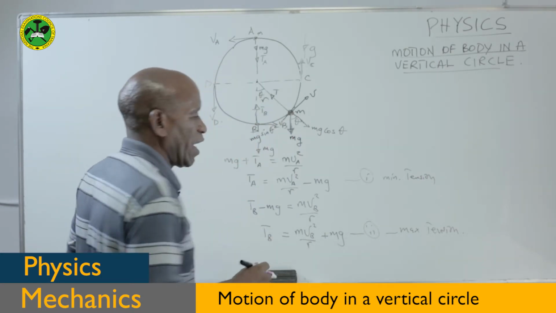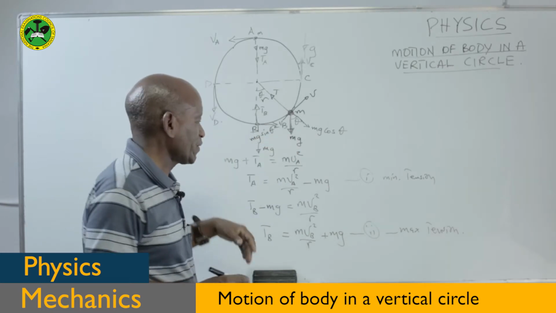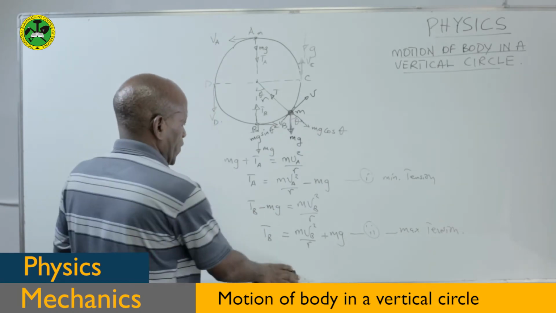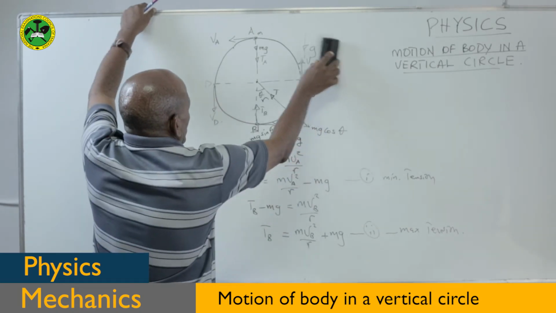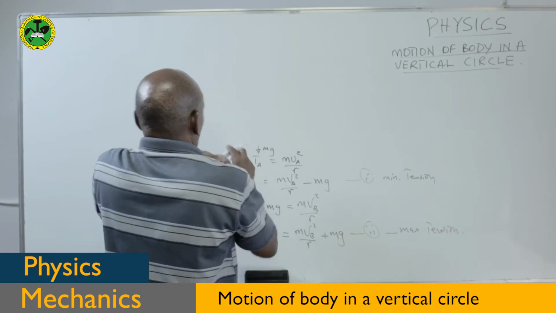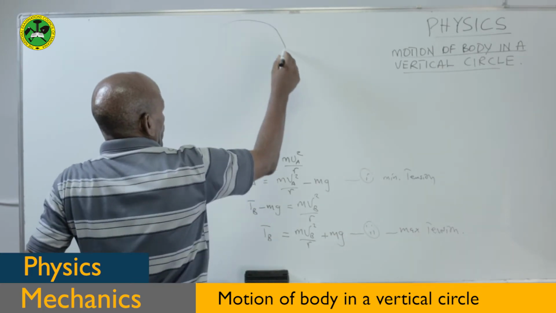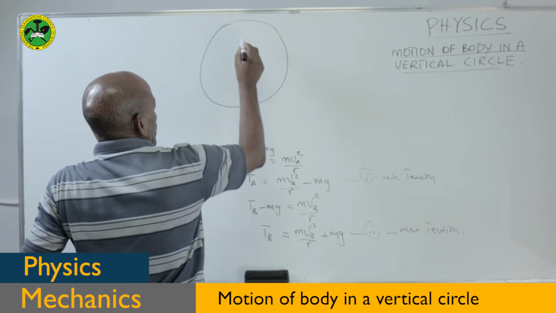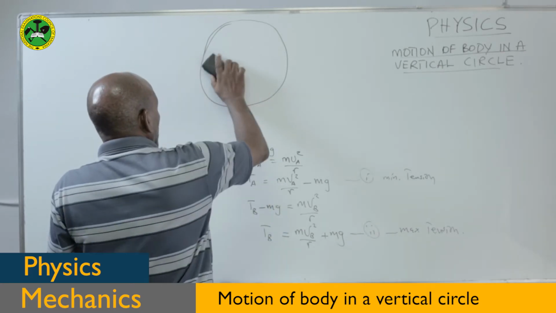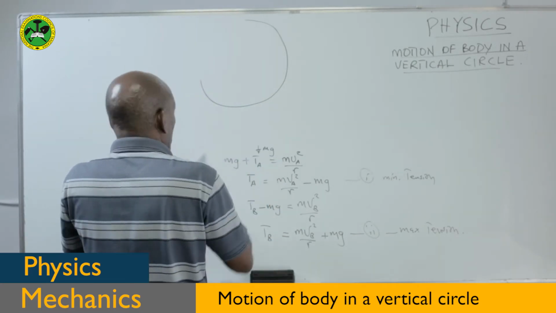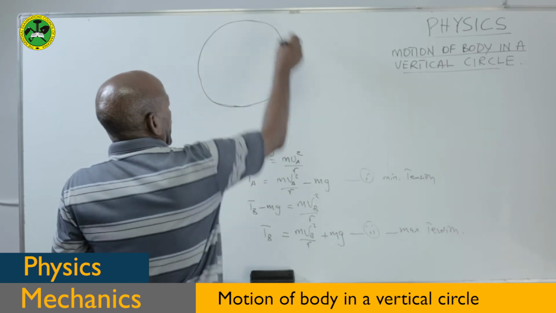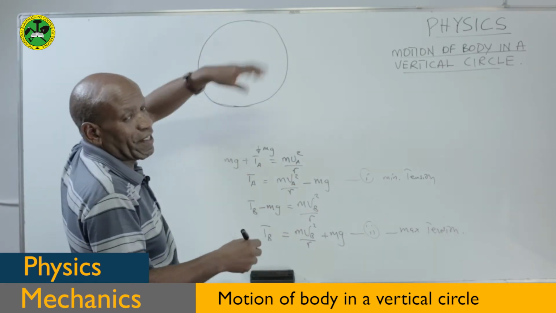So we go back to our question here again, that we have a plane moving in the way we have already mentioned previously. We have a plane like that, which is moving in such a vertical circle.